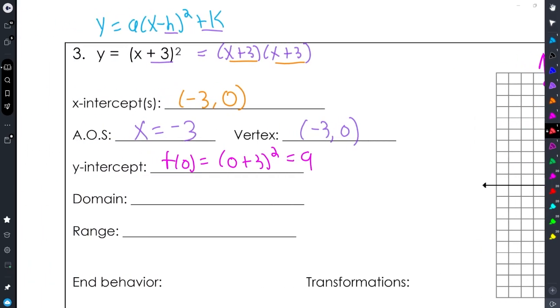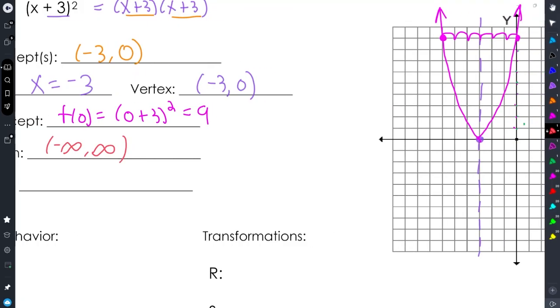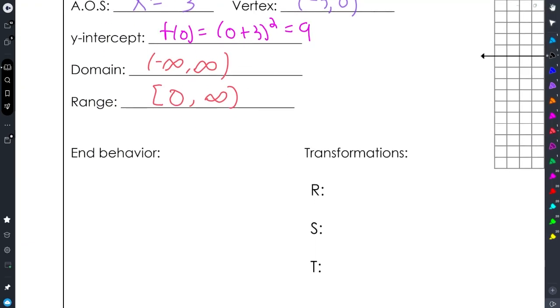Our domain is going to be negative infinity comma infinity. Range, both ends are going up, so our range is going to be 0 comma positive infinity. And behavior, both ends are going up. So as x approaches negative infinity, y approaches positive infinity. As x approaches positive infinity, y approaches positive infinity.